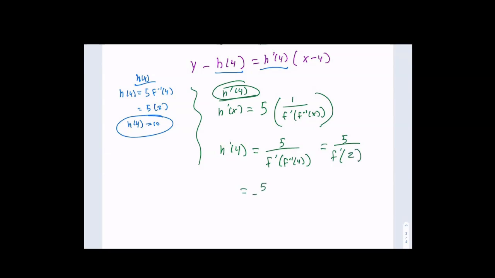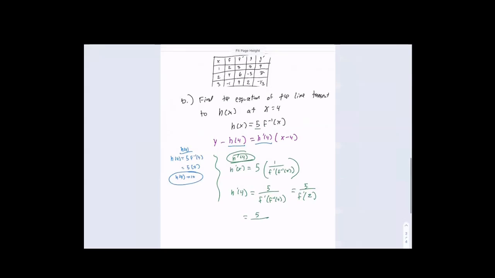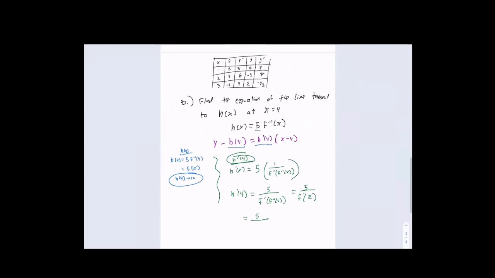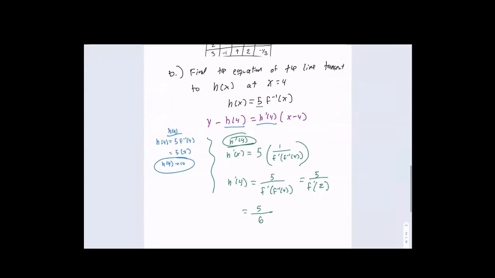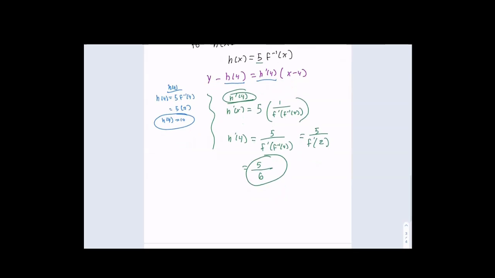Which gives me 5 over... Would it be 6? 6. Which is 5 over 6. It gives you my final answer: y minus 10 equals 5 over 6 times x minus 4. And that's it. Done.